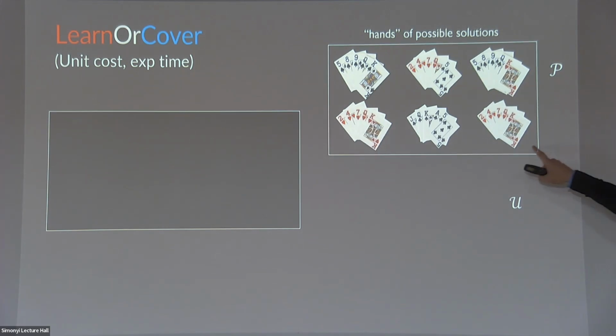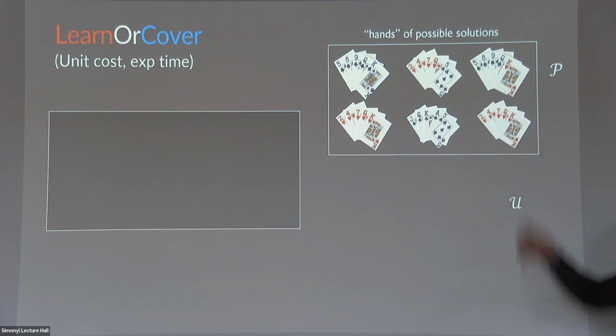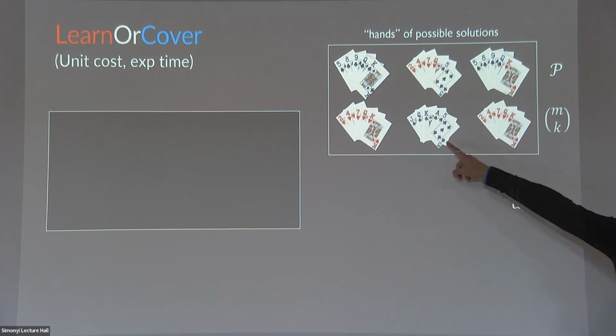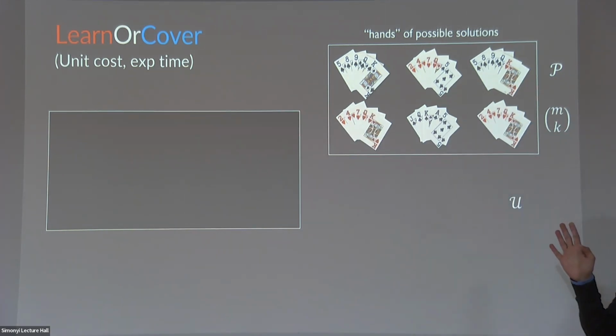Remember, you have m sets, and opt contains k of them. So the way I always think of this is that these are all the possible m choose k solutions. One of these is the right one. I don't know which one. I just have to figure this out.